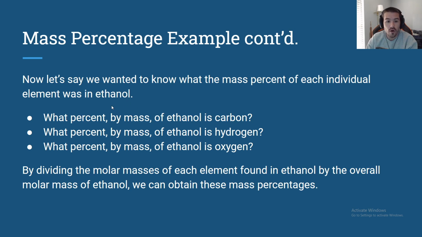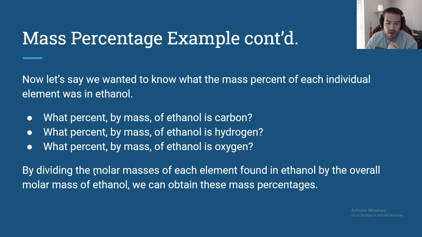Now let's say we wanted to know the mass percent of each individual element in ethanol. The question we might be asking is, what percent by mass of ethanol is carbon, or hydrogen, or oxygen? These are the types of questions we're going to learn how to answer through these calculations.